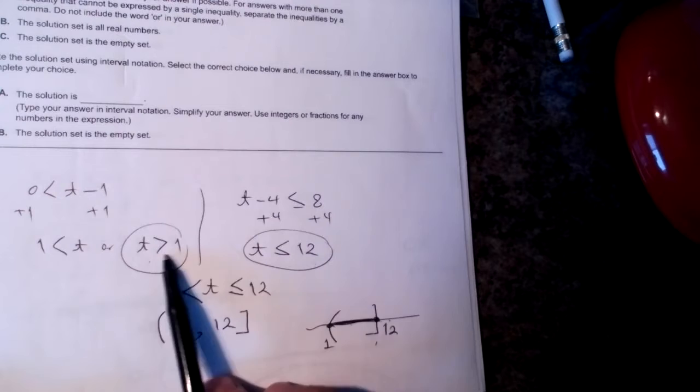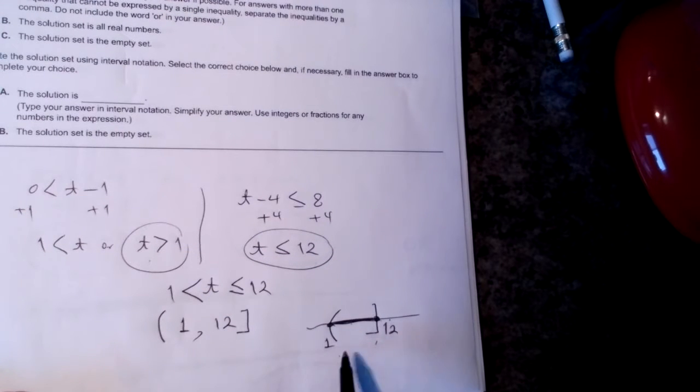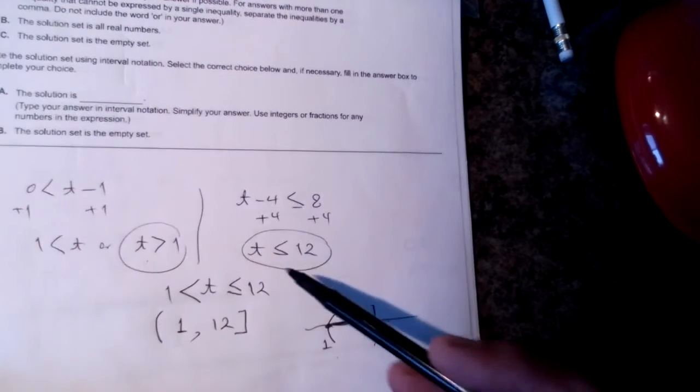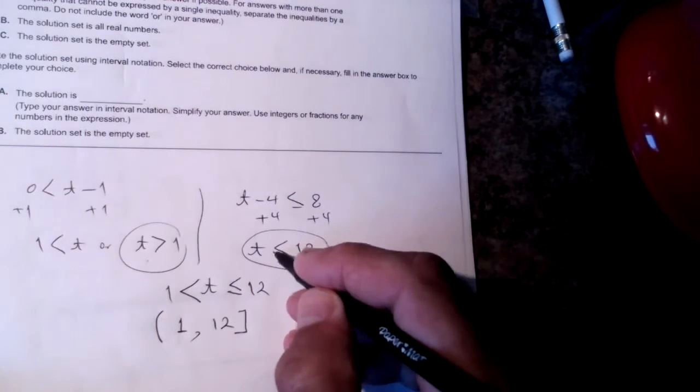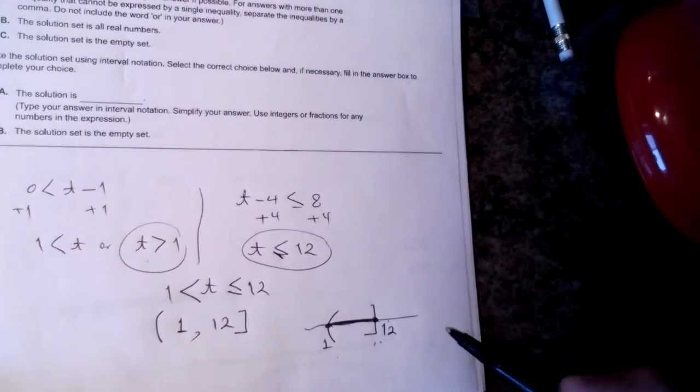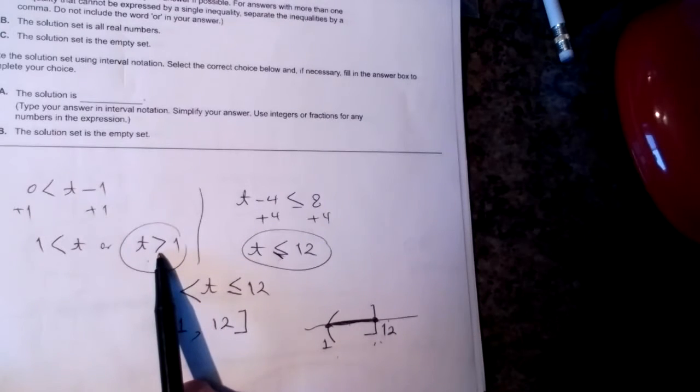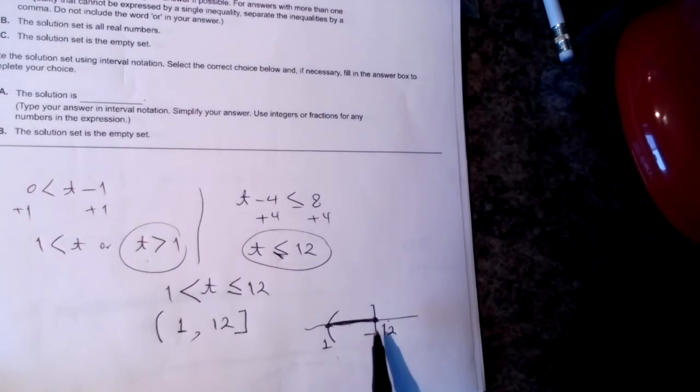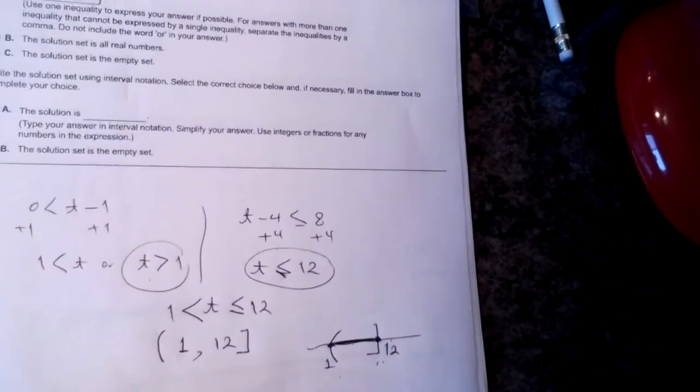This one doesn't have an equal sign, so it's a parenthesis. So it's parenthesis 1 to 12. Again, when you have an equality sign, you need to have the bracket. And when there is no equality sign, there is a parenthesis. Since it's "and", normally it is one piece.